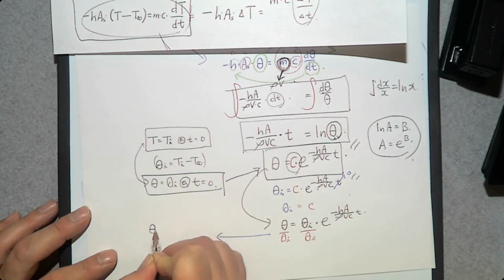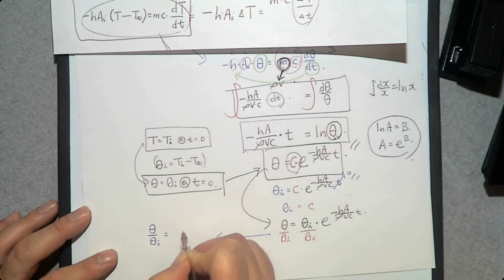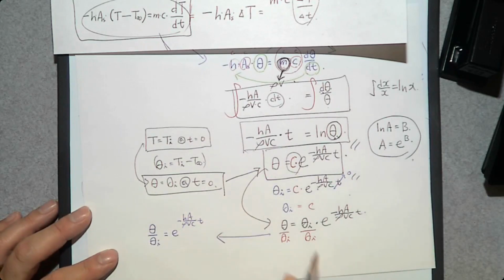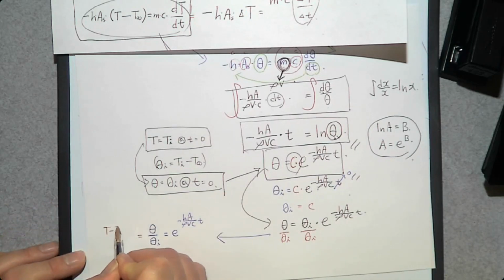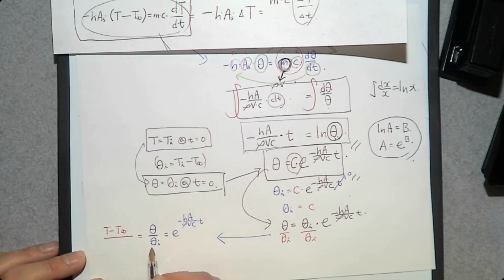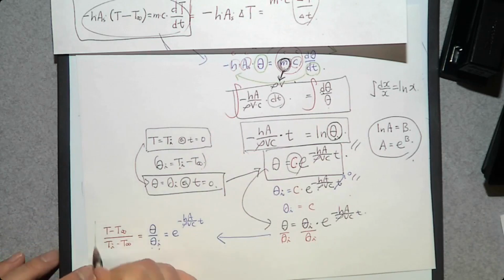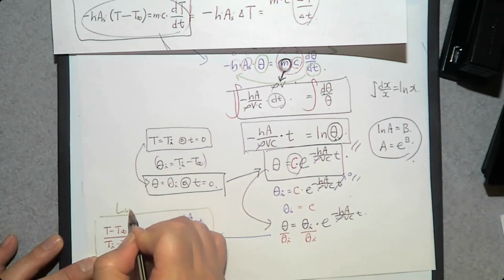Theta over theta I is going to be e to the minus hA over rho VC T. And what is theta? Theta is T minus T infinity. And what is theta I? Ti minus T infinity. So this is the governing equation for the lumped system.